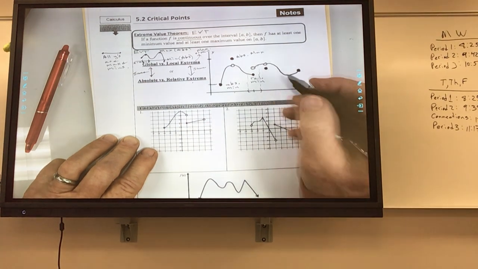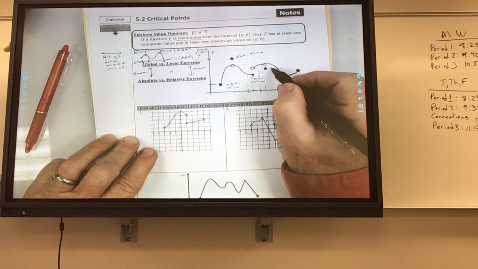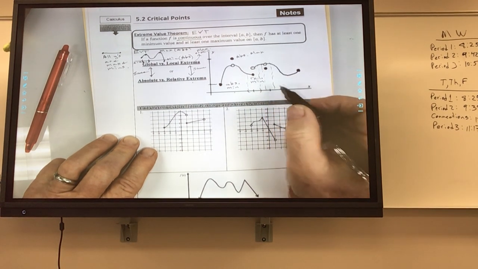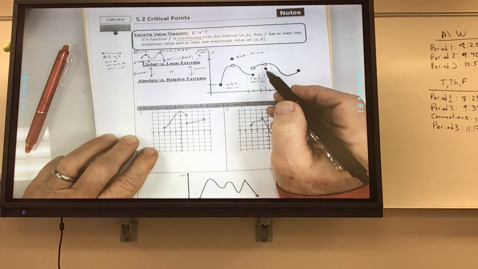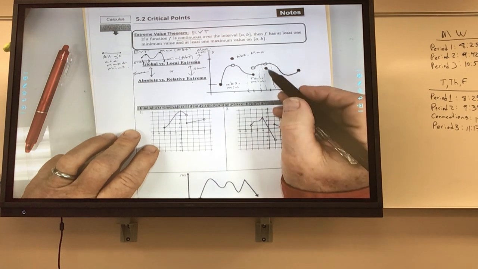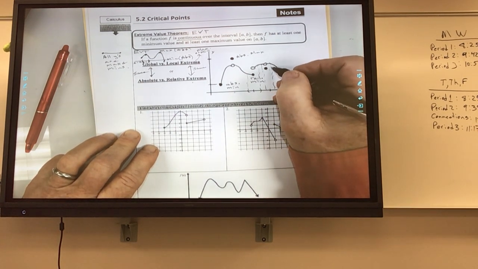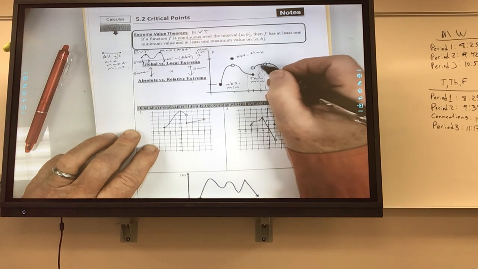Audrey, what about this? Could I create a neighborhood or an x value that creates that y value? I can, can't I? All right? So what do you say that this is? A relative min also. Because it's smaller than all these other y's right around it.